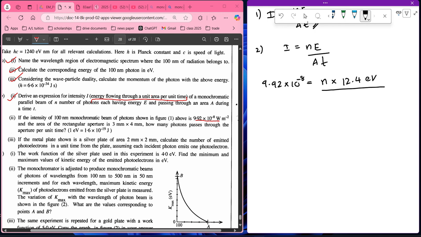Area we have; we need to convert this to meters, that is 3 into 10 to the power minus 3 into 4 into 10 to the power minus 3, into T. T, in the sense of per unit time, is 1.